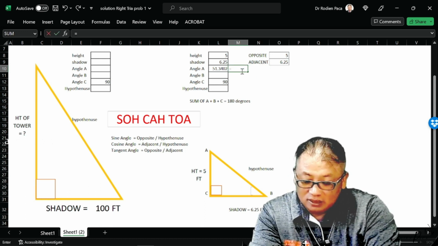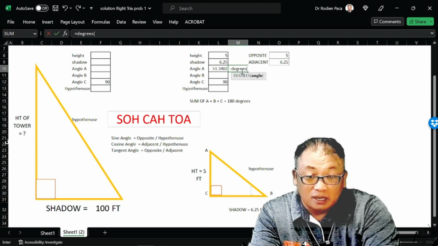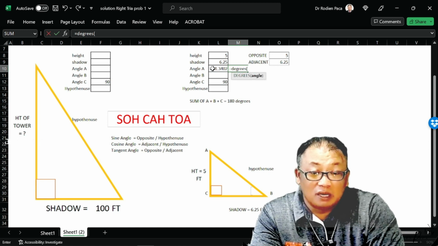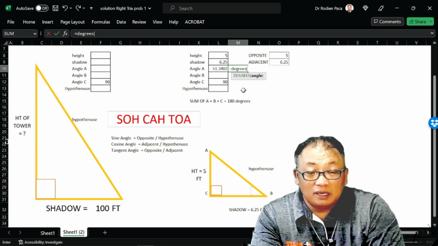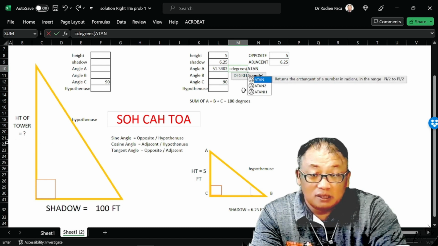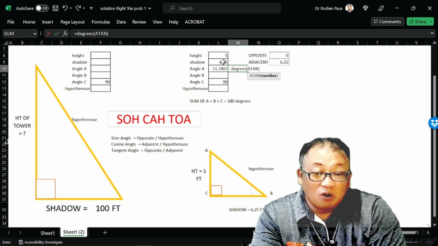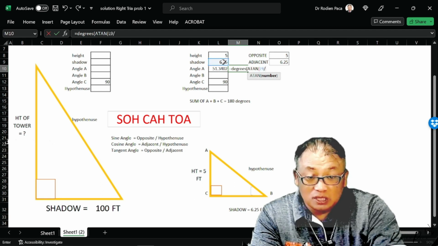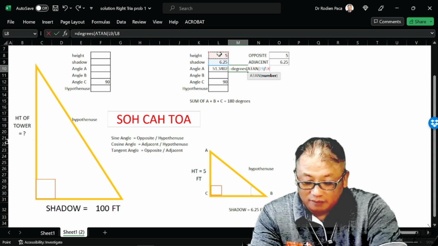And what's the opposite? Then ATAN, because you're looking for the arctangent, and the opposite is 6.25, which is the shadow, over the height.